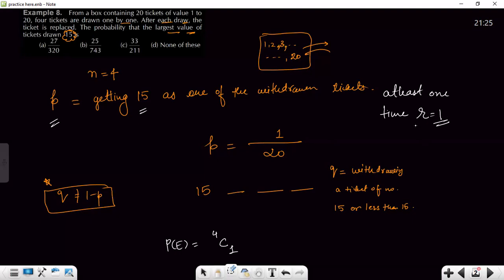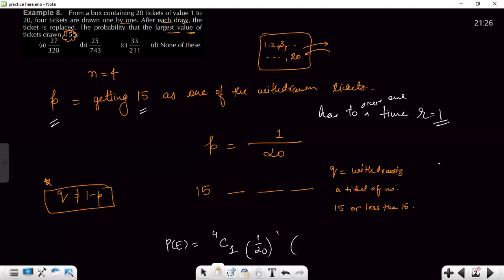We want success to happen one time. This P has to occur one time. That makes r equal to 1. Okay. P raised to power r into Q. What is Q here? Withdrawing 15 or less than 15.